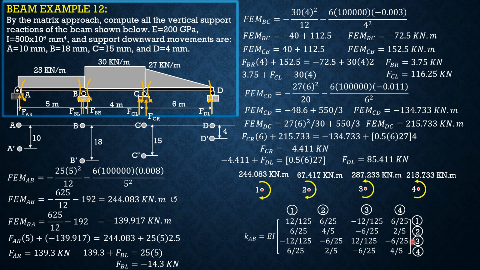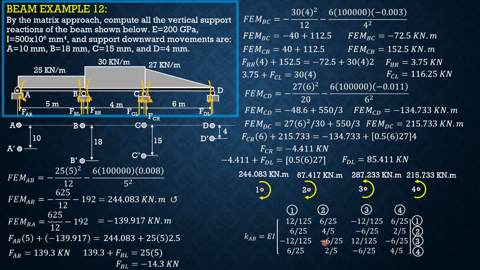The fourth row is just the second row with the second and fourth entries interchanged.